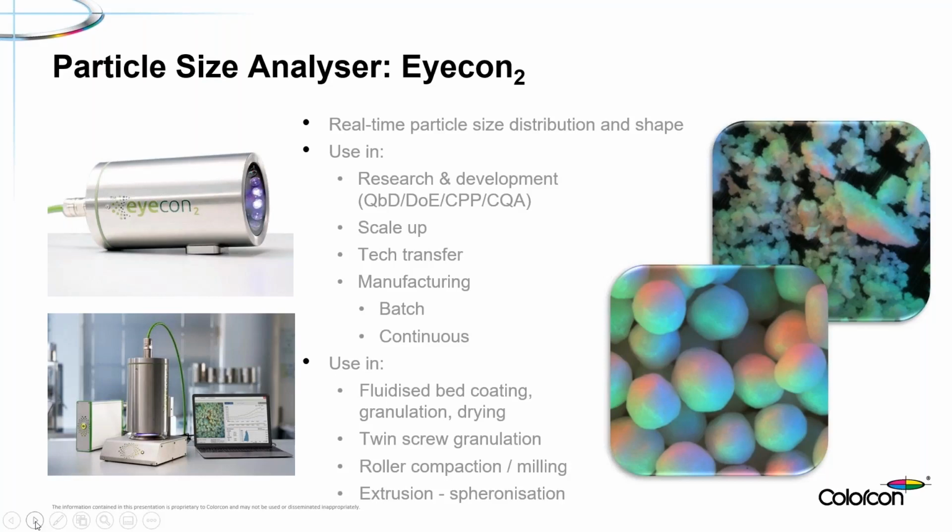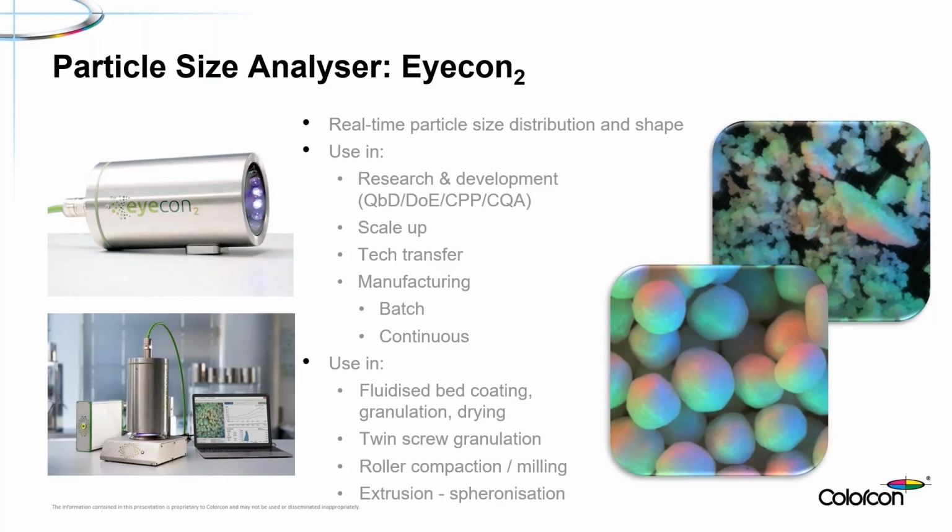and several others also. On the left-hand side, you can see an image of just the bare Icon system up the top, and in the bottom left, we can see it in its at-line configuration. So this device is usable both in-line, measuring through a window on a process, and in an at-line setting with this automated benchtop stage, which moves the sample material around below the camera system, allowing it to take multiple images and analyze the product.